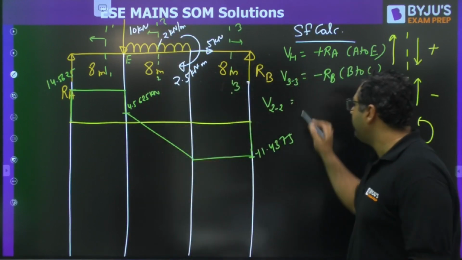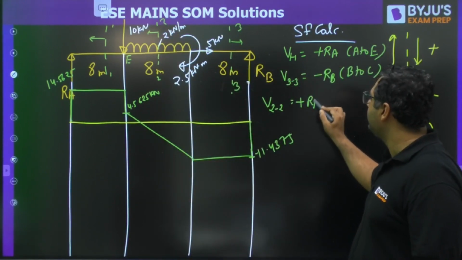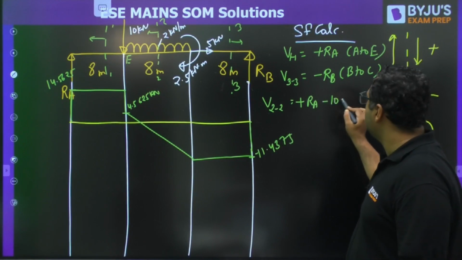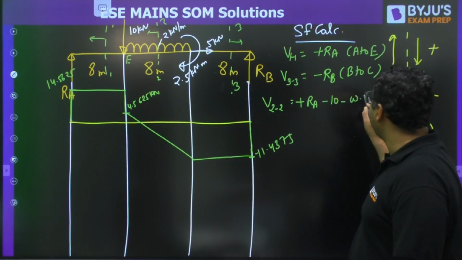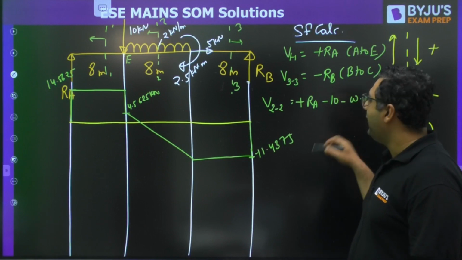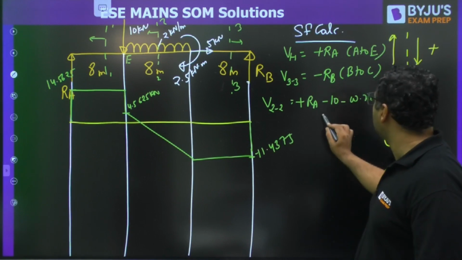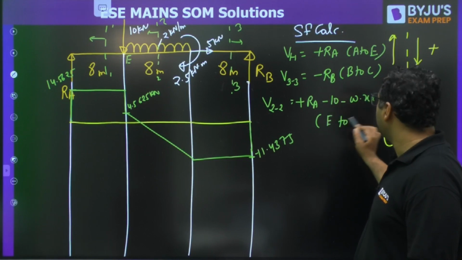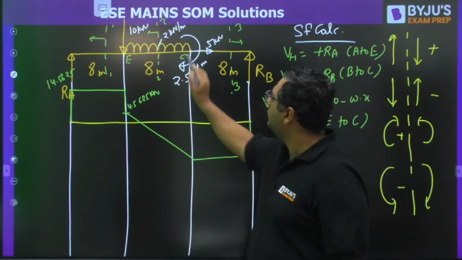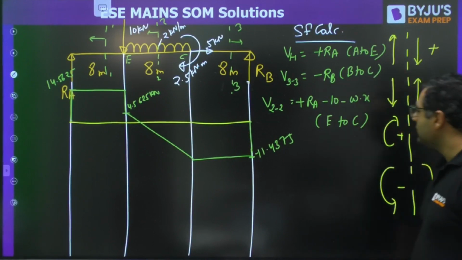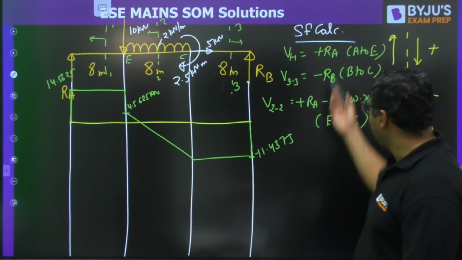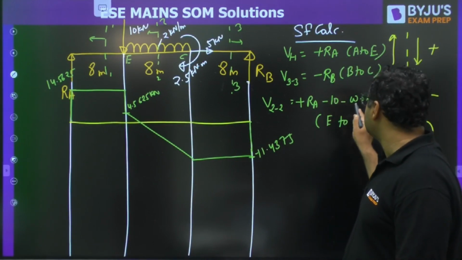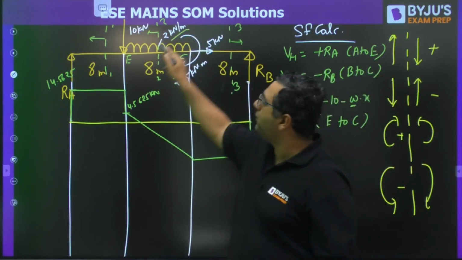Then you would be having plus RA minus 10 minus W into X, and it will go from E to C. This point is C. Now, my dear, you can put in the values and get the answer. This W is nothing but 2 kilonewton per meter.